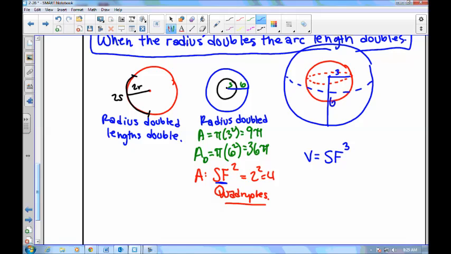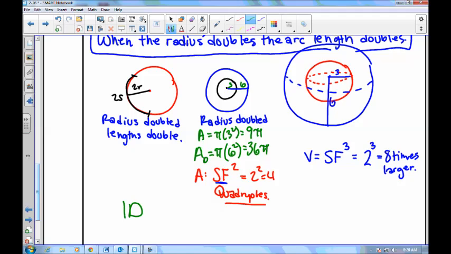Yeah, the 3 cubed. So if our scale factor is 2, it gets twice as large, our scale factor is 2 cubed. 2 times 2 times 2 is what number? 8. So the volume is going to get 8 times larger. So it depends what dimension you're in. Arc length is 1 dimension.